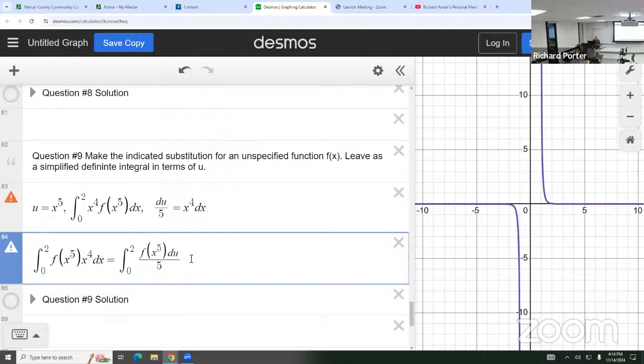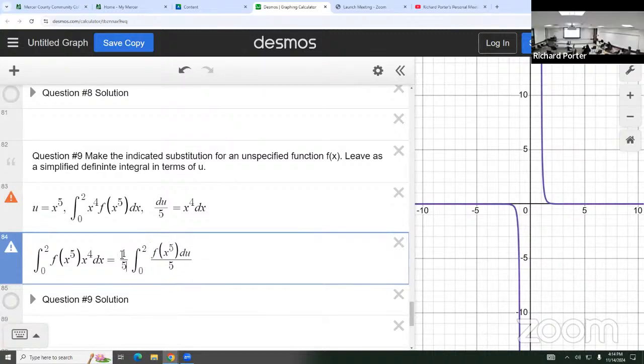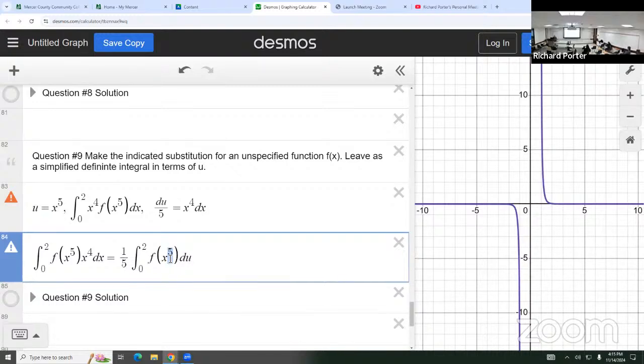You know what? I'll just take that 1/5 out. Now I don't want it there. Okay, x to the 5th is just what? Isn't that just u? Am I done? There's nothing I can do if they don't give you the function. I'm done, except for one thing.